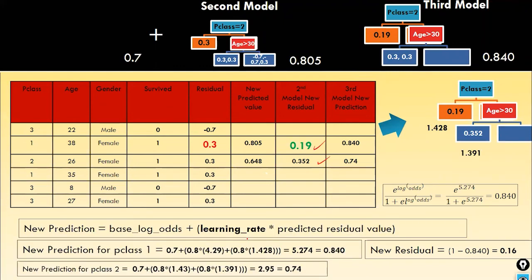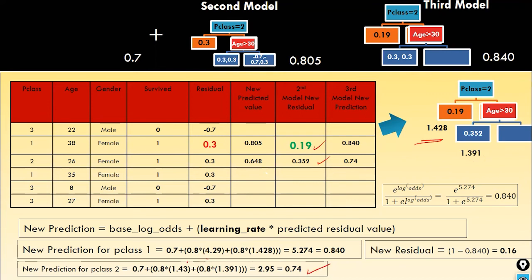Sorry, you need to look here. 0.8 times 1.43, plus 0.8 times 1.391, so 2.95, 0.74.